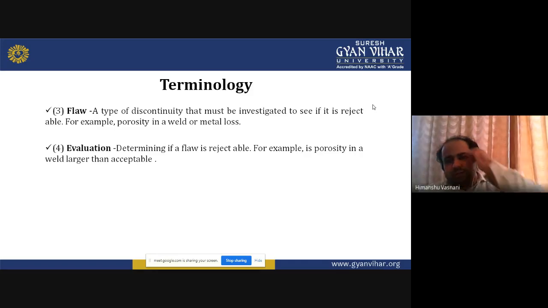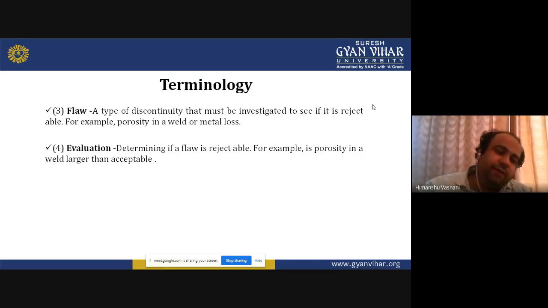Because if the inspector doesn't know the basic concepts behind welding, he is not able to understand the flaw, the indication of porosity that is shown. He will not be able to evaluate whether he should accept that flaw or not, whether he should try to improve that flaw or not.